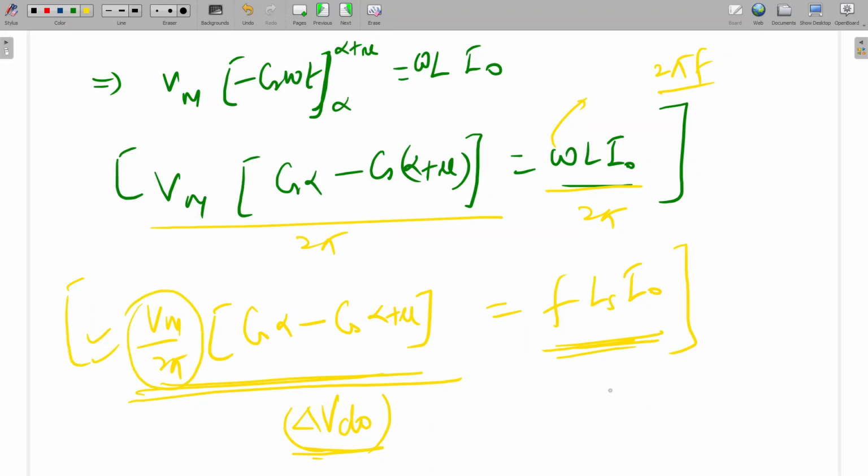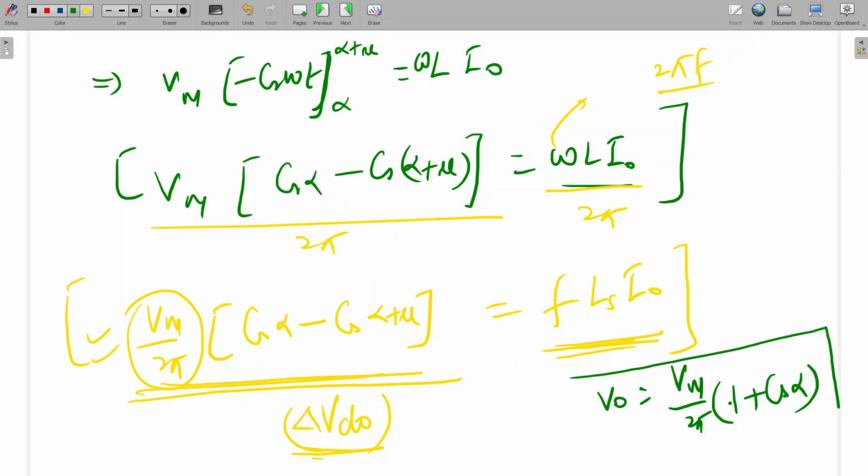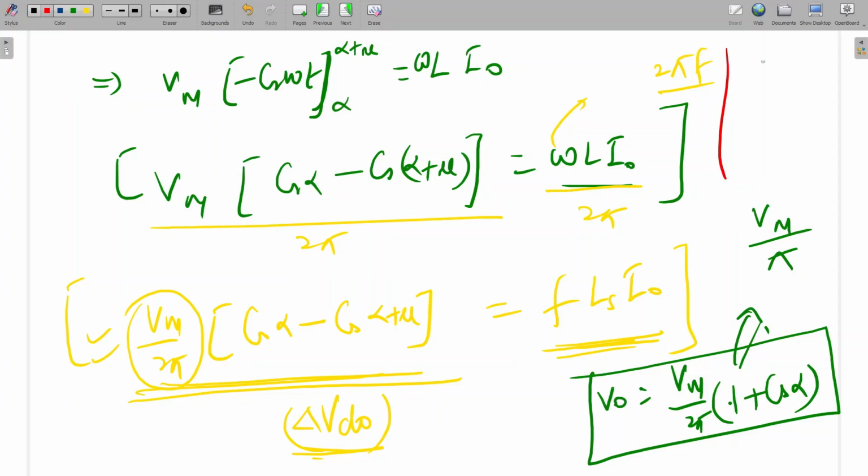In the normal case the output voltage is Vm upon 2 pi, 1 plus cos alpha, without overlapping. If alpha is equal to 0, this will be Vm by pi, because the 2 will cancel. So at alpha equal to 0, I am defining the output voltage as VD0.